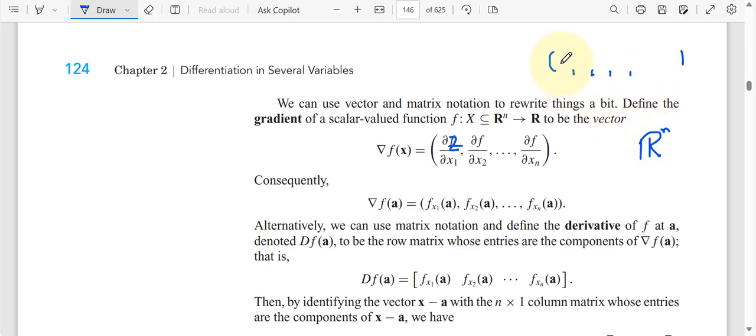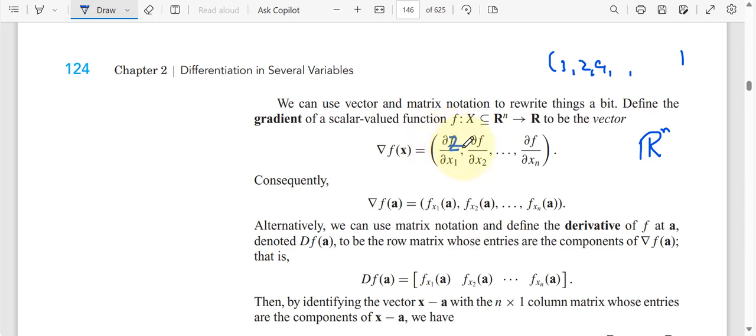So each element is a number, so we might have 3 and 2 and 9 and so on. That would be a vector in Rn if there were n pieces here. But when we say Rn, this R stands for real numbers. So it means that each of these entries should be a real number. But that's not the case here.